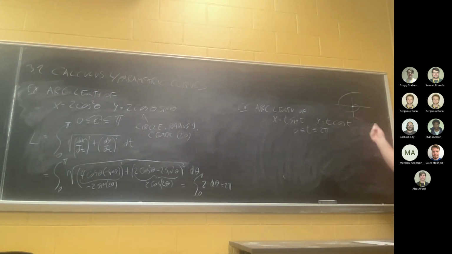Because if it was just sine t, cosine t, you'd be on a unit circle. But because you're multiplying by t, your x, y points are increasing in magnitude. So it's just going to keep spiraling forever. Okay. So we want the arc length of this curve, where t is going from 0 to 2 pi.